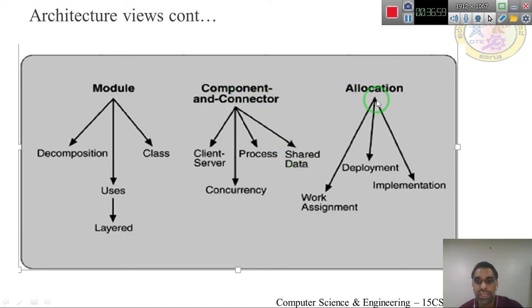And similarly, allocation mainly deals with the work assignment. Okay, so work assignment of each developer in the system. Then it deals with the installation view or deployment view as well as implementation. Okay, so this is the consolidated diagram which gives you the information on all three architecture views.